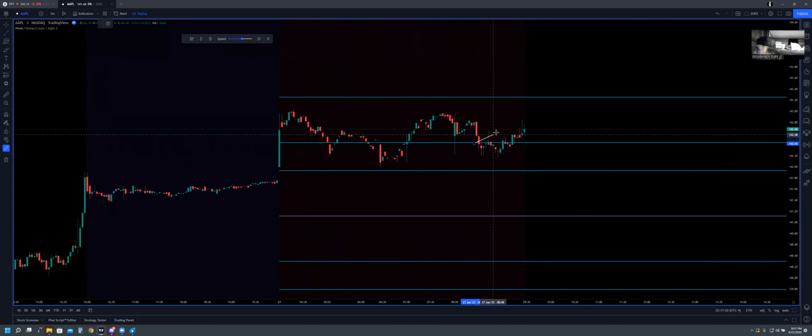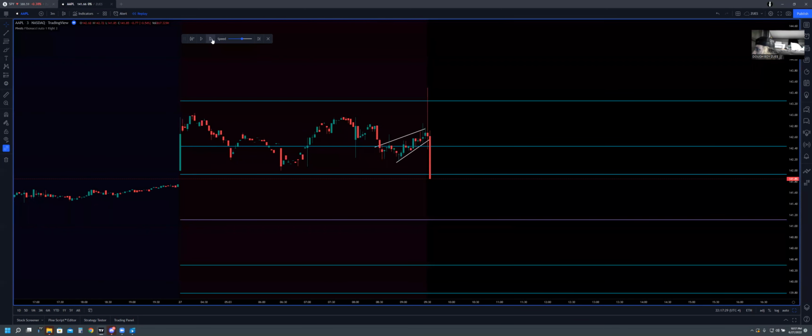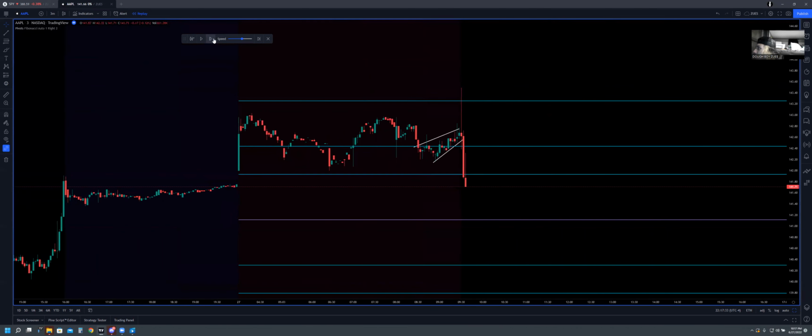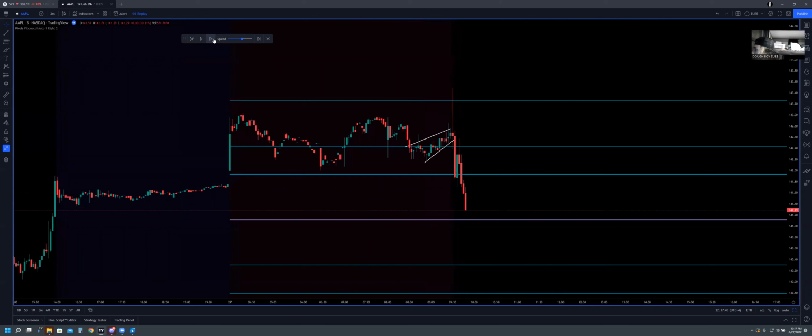I didn't see this bear flag though, I guess due to the data I was using this morning, it was pretty choppy. So on Apple, I didn't really see it, but right there it dumped hard, went to this next level, and that would have been a take profit level, and then it bounced. I guess it came lower.